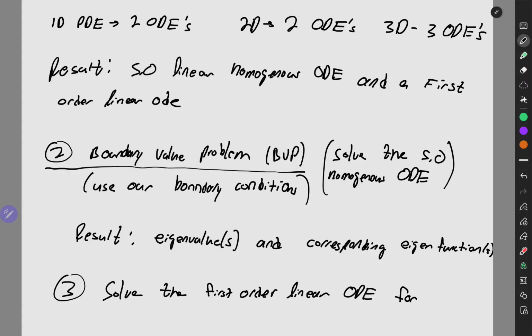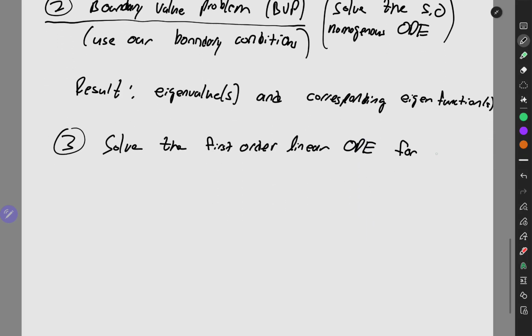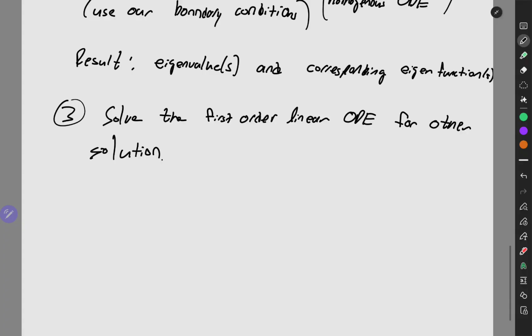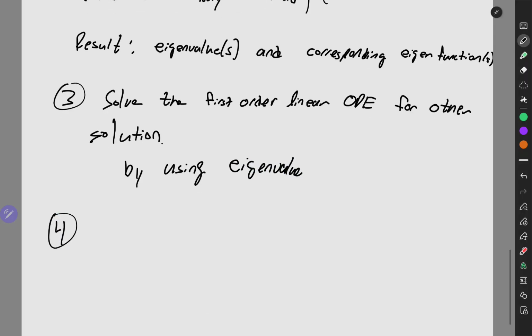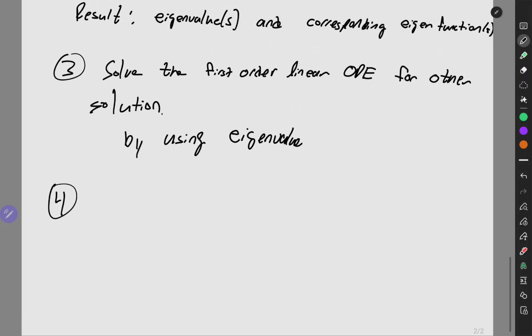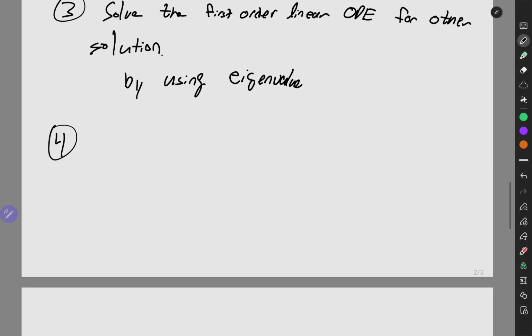And then we solve the first order linear ODE for the other solution, of t, and we do that by using the eigenvalue. This will all make more sense later. Don't worry. Now, I make this a step. We basically put steps 2 and 3 together.